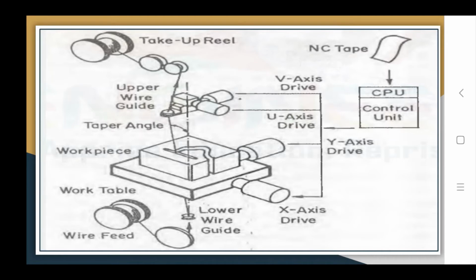For getting small size craters, we have to use a high frequency of current, in the range of 1 megahertz. For the small wires used in this wire EDM process, the current carrying capacity is also less, less than 20 amperes.